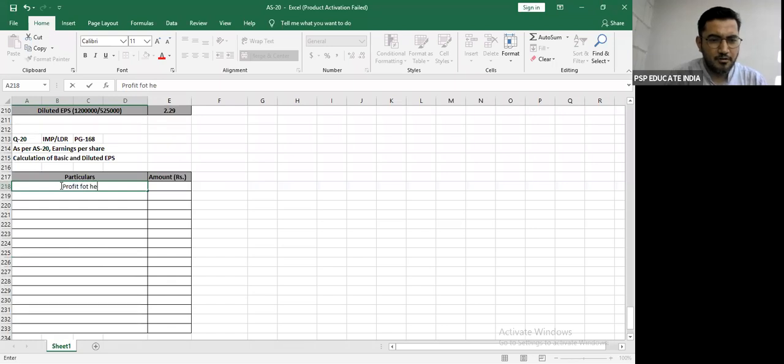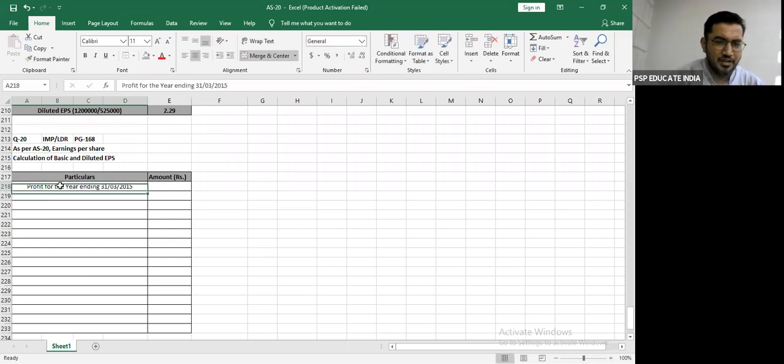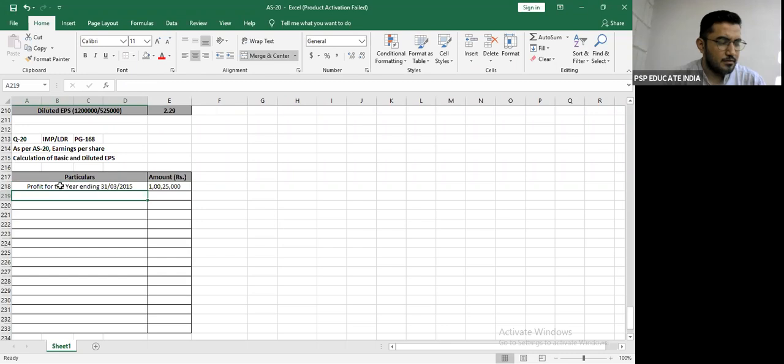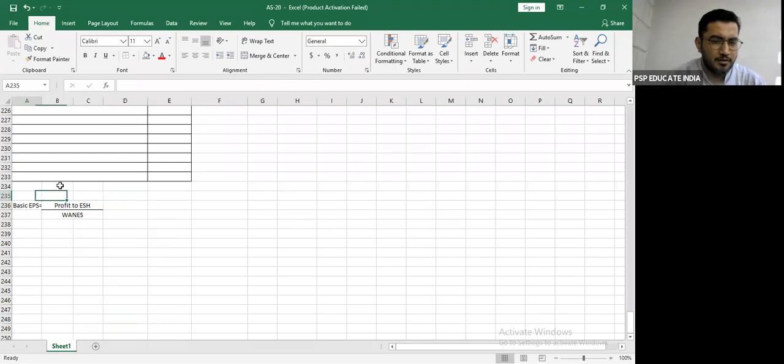Profit for the year ending 31st March 2015 is how much? 1 crore 25,000. Your veins will have to work that in working note 1. So let's prepare working note 1.